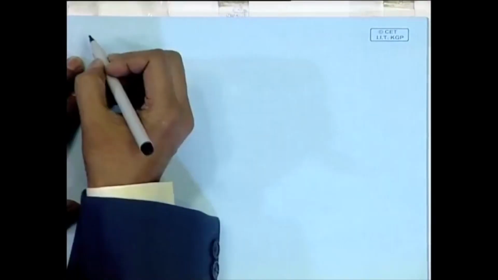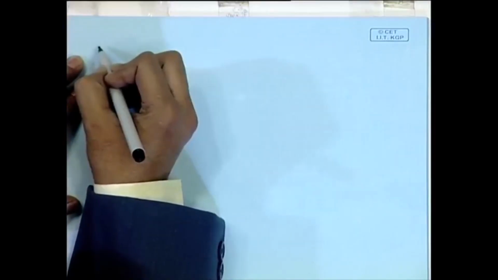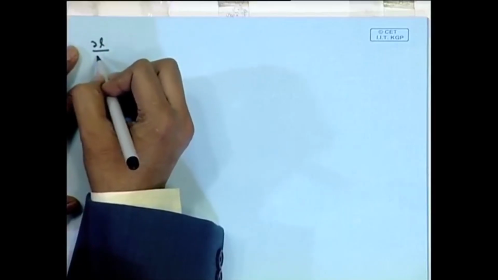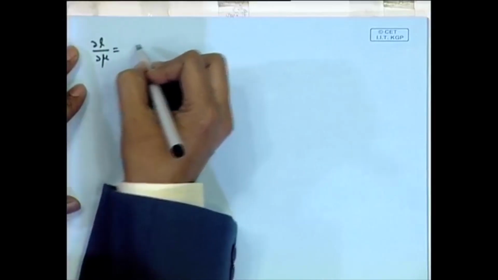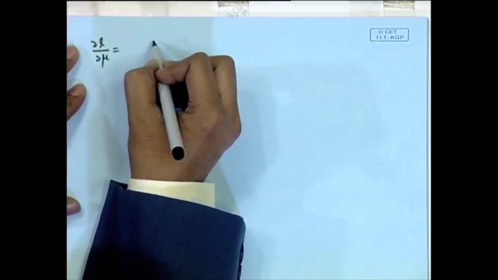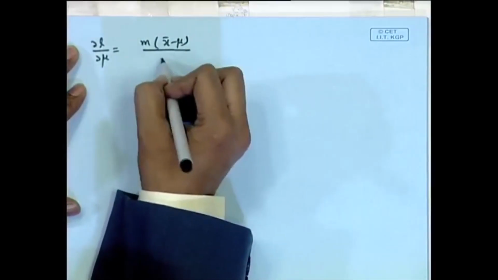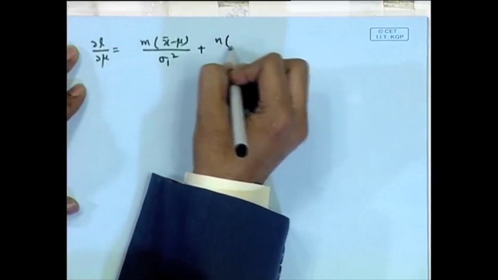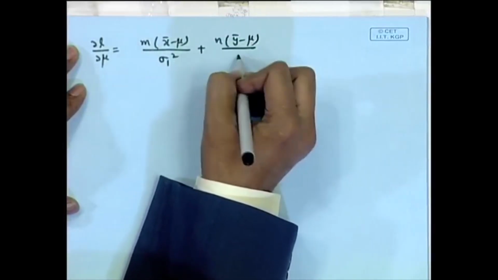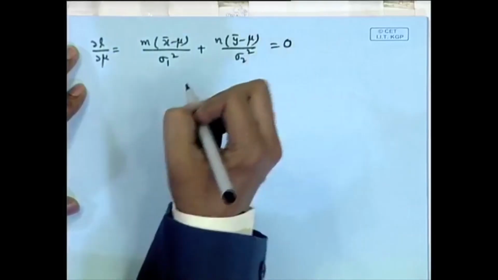So, if we consider the likelihood equations, del L by del mu is equal to 0 gives us m (x bar minus mu) by sigma 1 square plus n (y bar minus mu) by sigma 2 square is equal to 0.